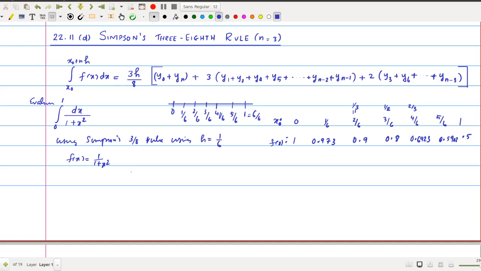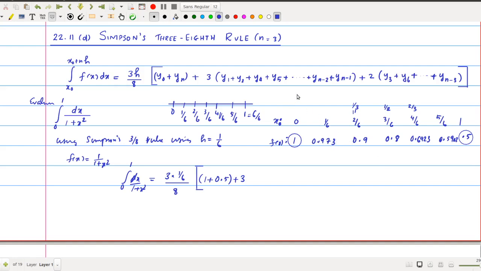Now you directly write Simpson's 3/8 rule for the integral from 0 to 1 of dx by 1 plus x square. That will be 3 times h, which is 1 by 6 here, divided by 8, times y0 plus y6, that is 1 plus 0.5, and plus 3 times y1 plus y2 plus y4 plus y5. We just neglect the multiples of 3.